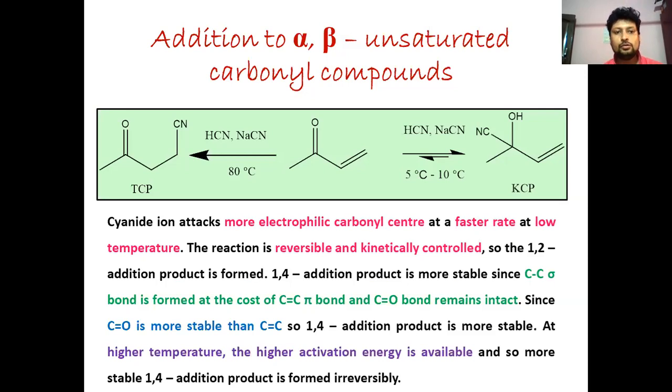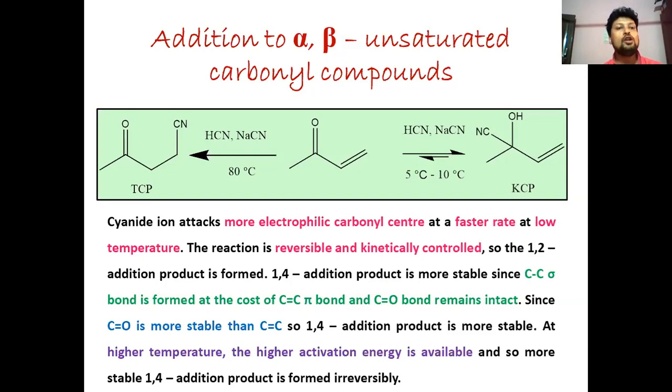But when you see that at higher temperature, the cyanide ion is specifically attacking the double bond. That means here a C-C sigma bond is being formed at the cost of the C=C pi bond. And obviously in the final product, the C=O is retained.